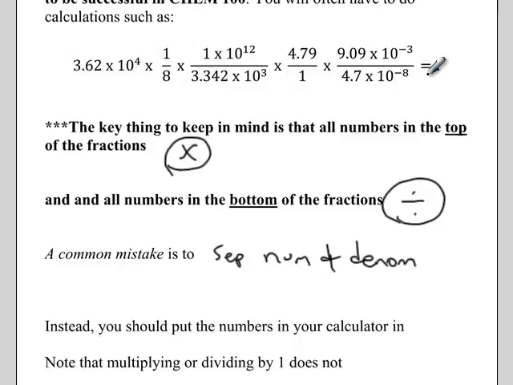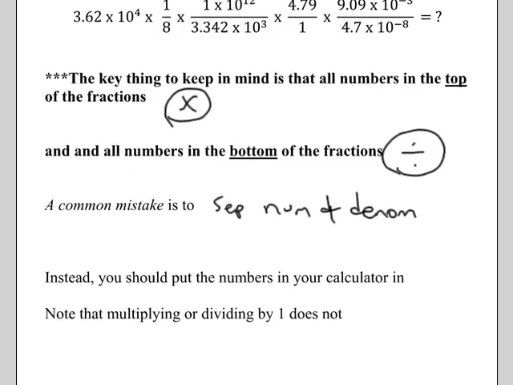Then they re-enter those numbers. So there's a lot of chance for error, number one, and it's a lot of extra time doing it that way. Instead of doing it that way, what you should do is put all the numbers in your calculator from left to right.